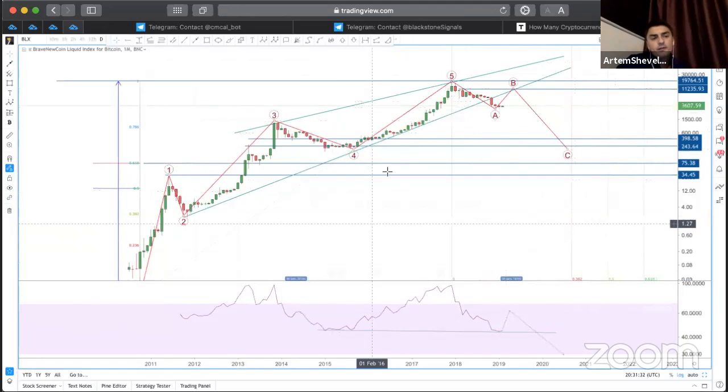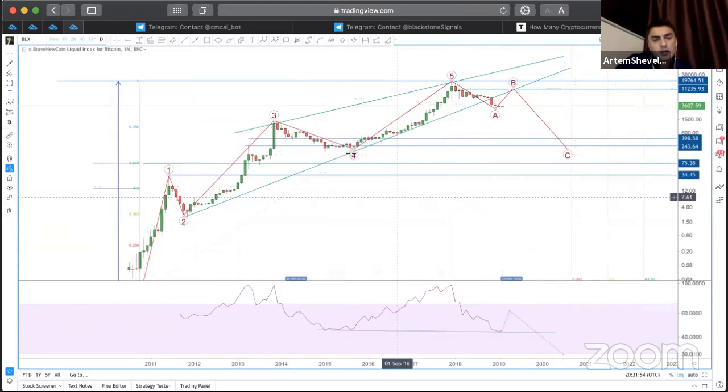Okay, and this Bitcoin chart is telling us that we are probably in a correction phase right now. So we still have chances to go up to the 11,000 mark. So this is good for the market.